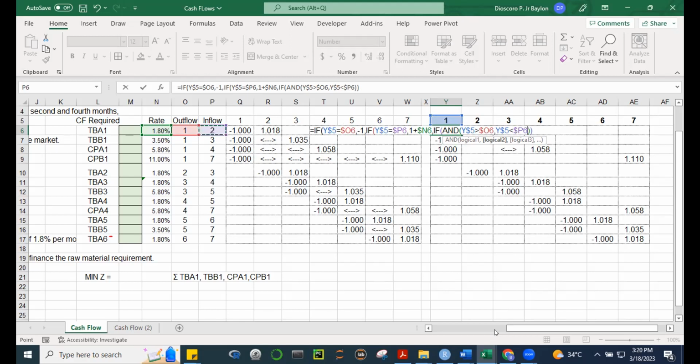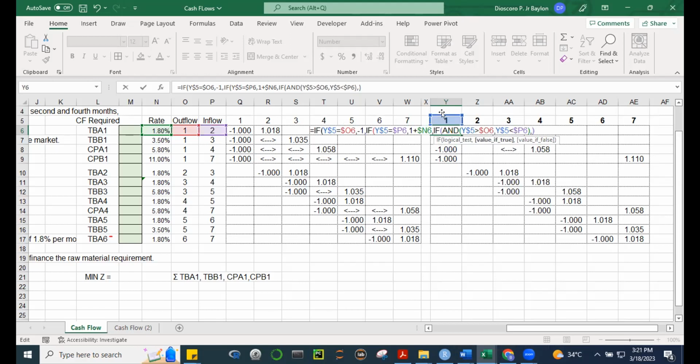So what do we do with that now? Let me close the if and, sorry, should be here, P6, fix P. Then that's our if, comma, value if true. What will be the value if it's true?